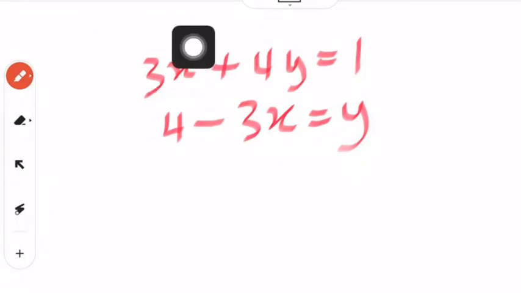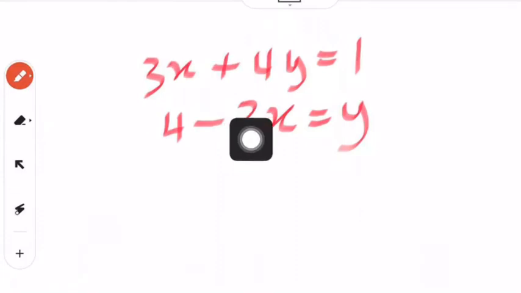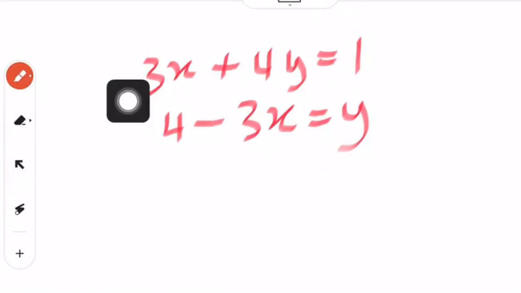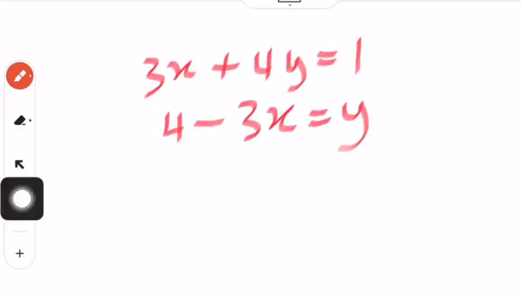Dia punya depan ni sama. Koefisien dia sama. Tapi tanda dia lain. Sini tanda minus, kan? Sini tanda positif. Kalau satu positif, satu negatif, you kena tambah supaya dia jadi zero.